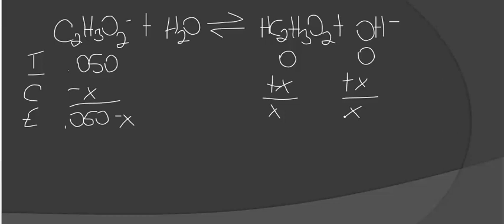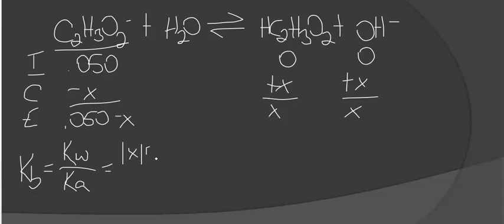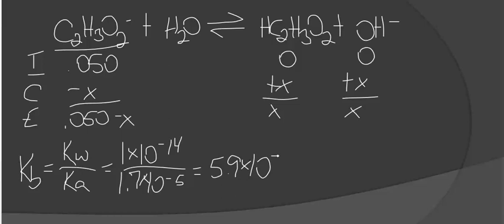We need Kb because acetate acts as a base, so Kb is equal to Kw divided by Ka for acetic acid, so 10 to the negative 14th divided by 1.7 times 10 to the negative 5th, and that's going to be 5.9 times 10 to the negative 10th. Set that equal to x squared divided by 0.05.